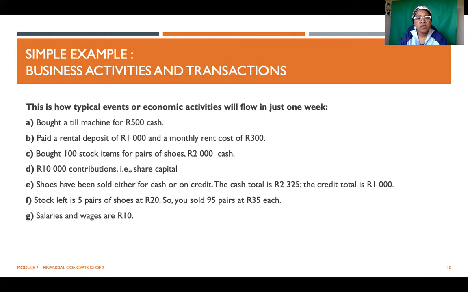What is a till machine? It's something that you're going to use over time. You are estimating that you will use it for more than 12 months, so it's going to be classified as a fixed asset. Accountants also call it property, plant and equipment, or machinery.